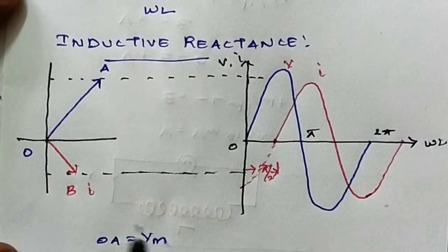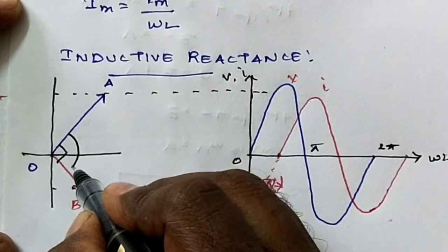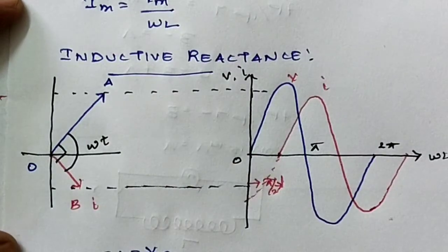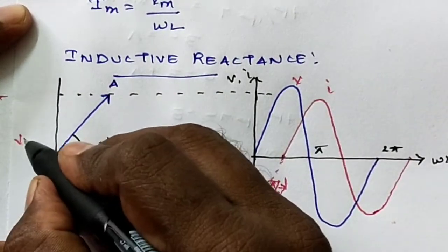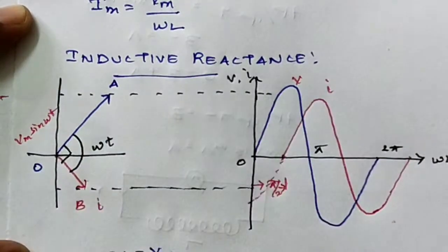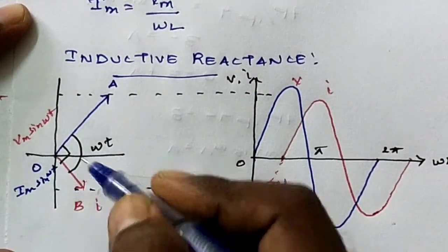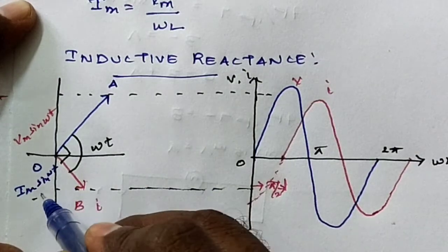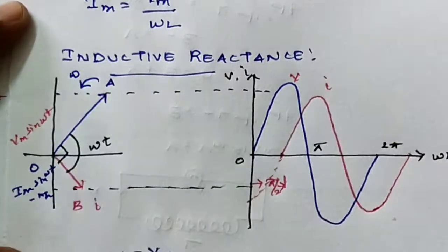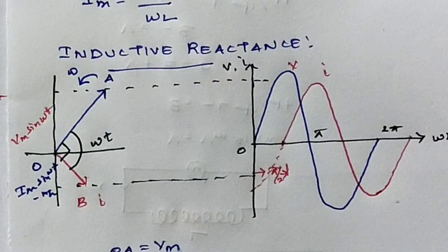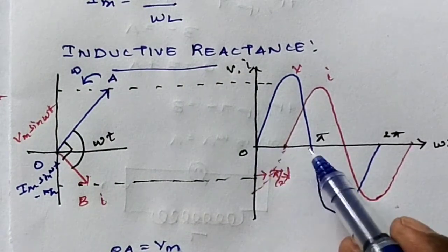The difference in angle is 90 degrees, and the phase relation involves omega t. On the vertical axis, the voltage is Vm sin omega t and the current is Im sin of omega t minus pi by 2, where omega is the angular velocity. So that is the phase relation between current and voltage: the current lags behind by 90 degrees.